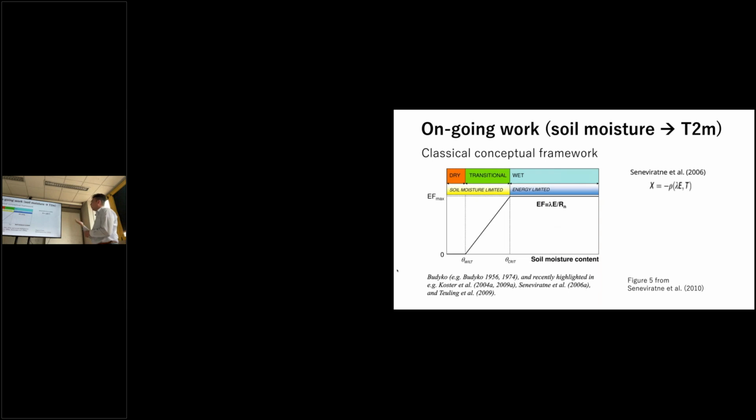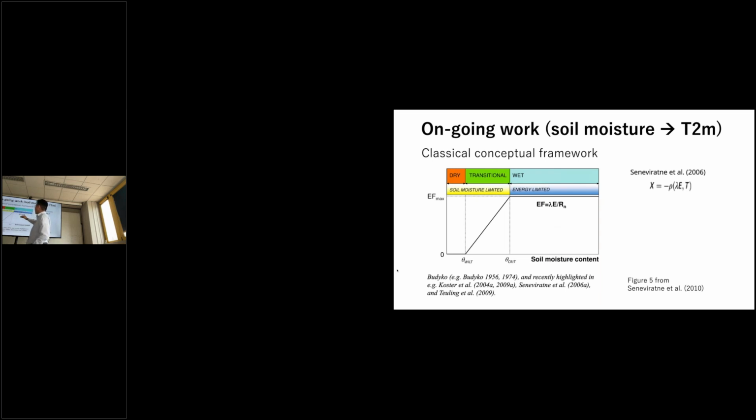So, more than 10 years ago, the famous paper by Seneviratne et al. showed this kind of figure. This figure shows that the x-axis is soil moisture content, and the y-axis is the ratio of evaporation and radiation.